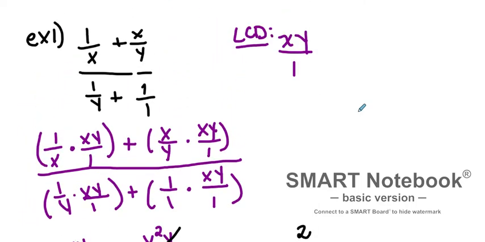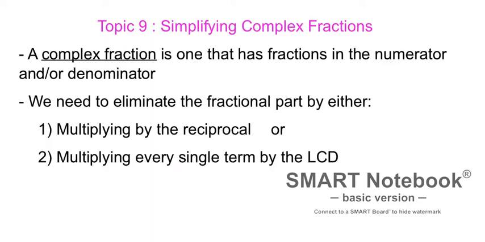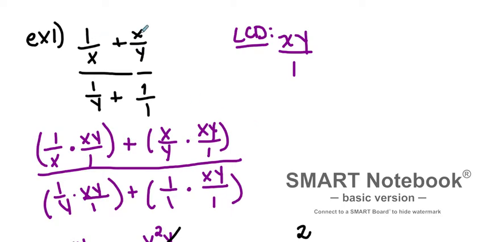So just to go over the method again, in case you are having trouble with this, because it can be a little bit confusing. The first step is to see if you can multiply by the reciprocal, but like I said, usually to multiply by the reciprocal, you have to have one term over one term. And in this case, we have 2 terms over 2 terms. So we had to go with method number 2, which is find your LCD, then multiply every single term, every single piece by the LCD.